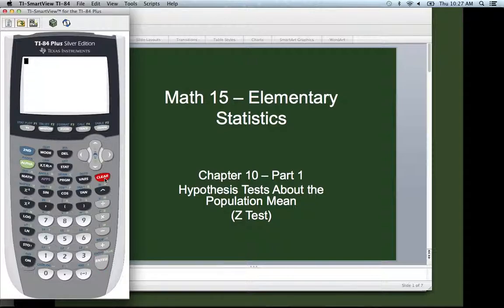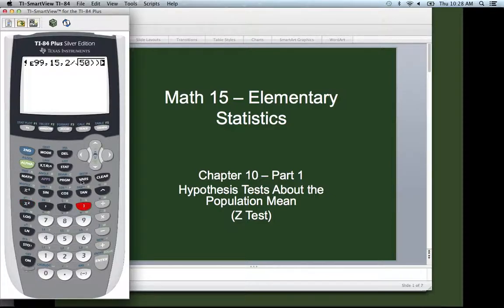So first thing I want to do is calculate the area using x bar's distribution. So let's see, that was second vars, normal CDF, 16.2 comma E99, comma 15, comma 2 divided by the square root of n.